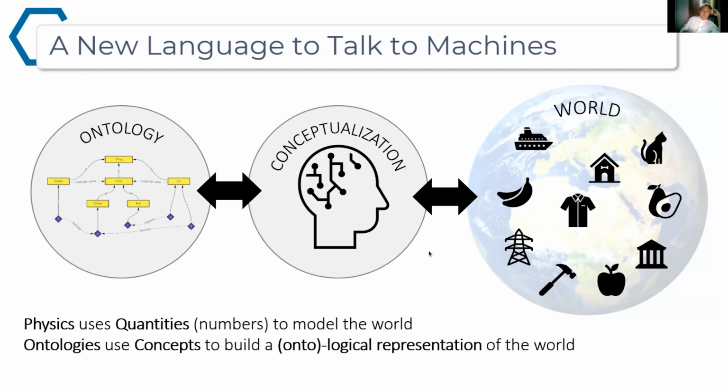So, as I told you, an ontology is a representation of the world according to a conceptualization provided by a human being or a community of human beings that agree in formalizing the world, so the domain of interest, in a particular way.